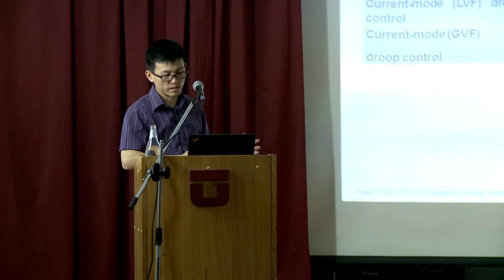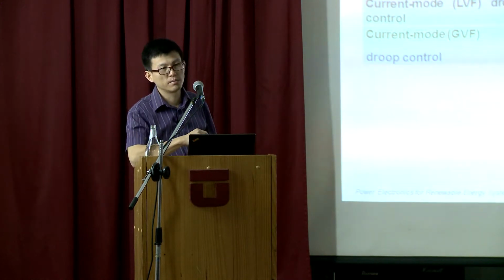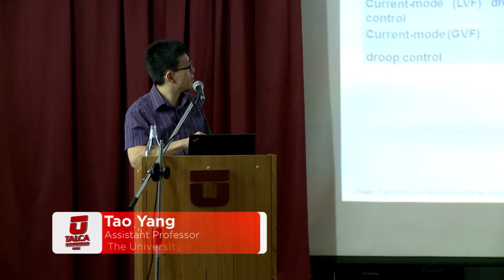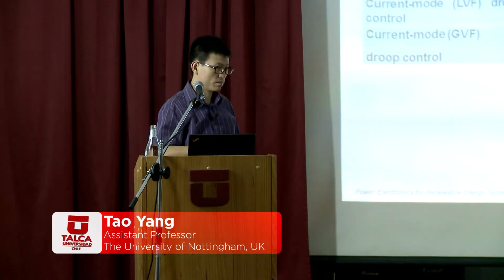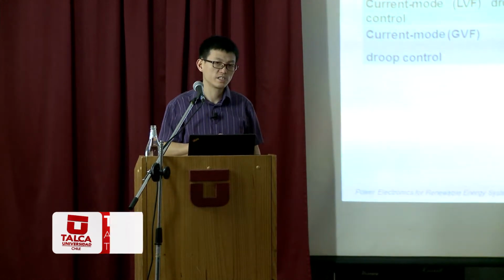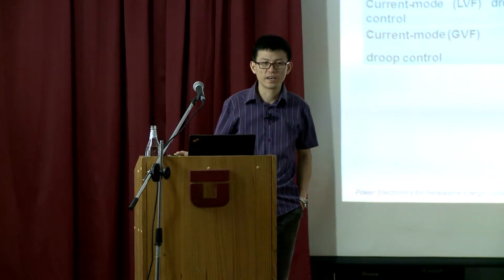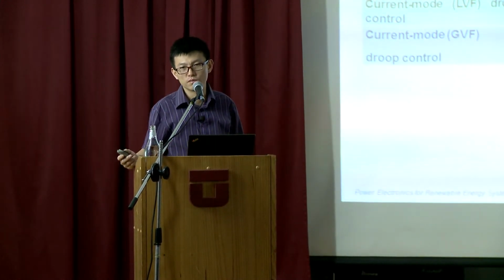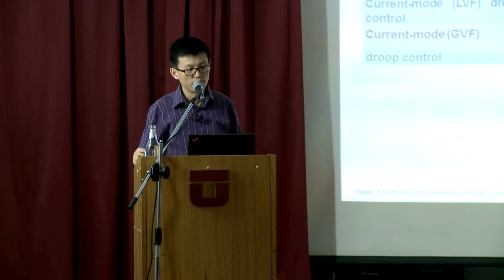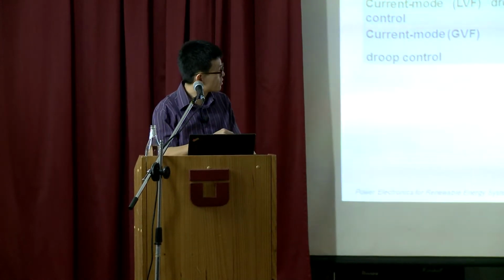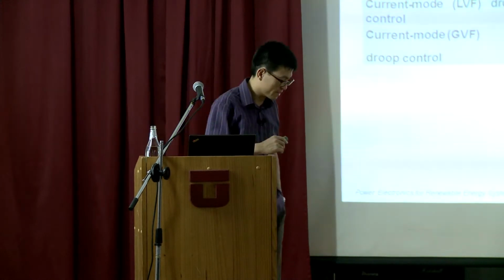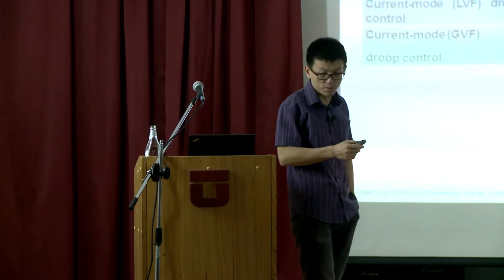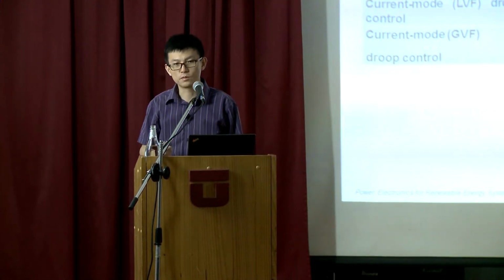This sounds very good, but the main problem with global voltage feedback is that if the common DC bus is very far away from your local generation system, it becomes problematic.